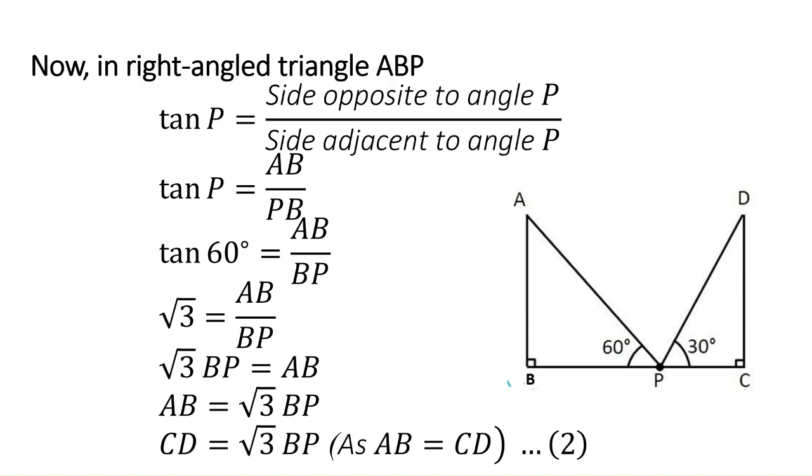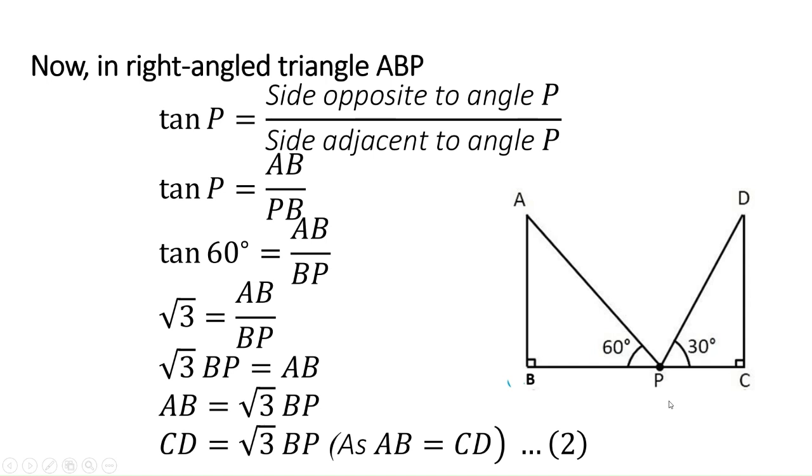Here we are considering the angle as P, because the point we have taken. So for the right angle triangle ABP, tan P is equal to AB by BP, or PB.